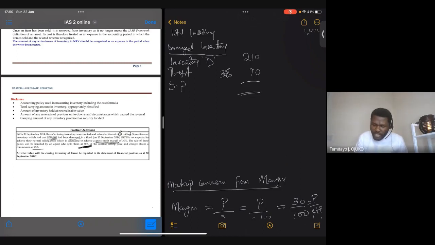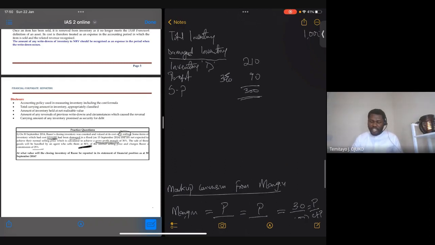Now, selling price is 300. If you add 210 plus 90, now this is the original one that will now eventually be sold at 80% because it has already been damaged. Now, let's quickly test if it is correct. We're told that they want to make a gross profit margin of 30%. So it means that our margin is on sales, 300 times 0.3 will give us 90. So that tells me that yes, that is correct.